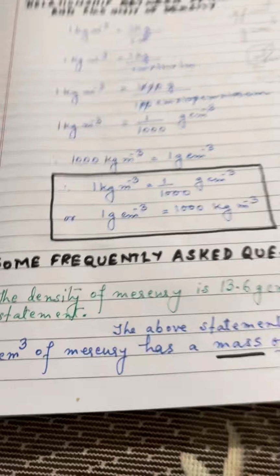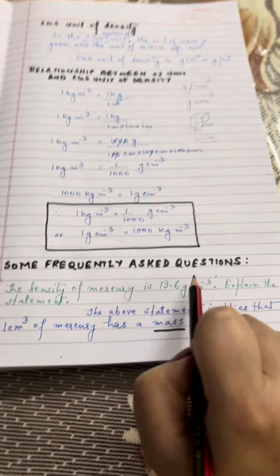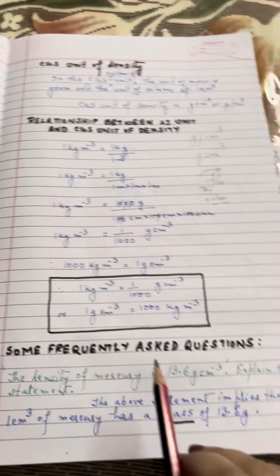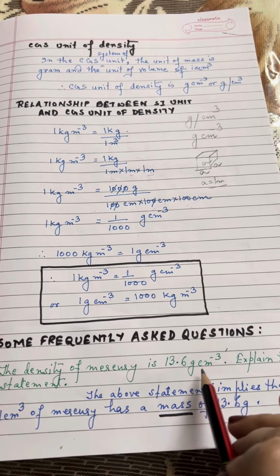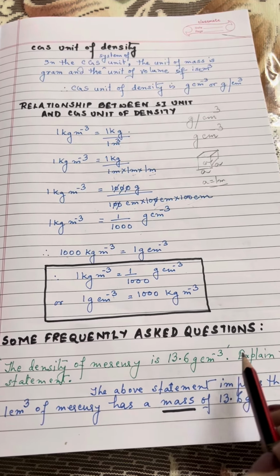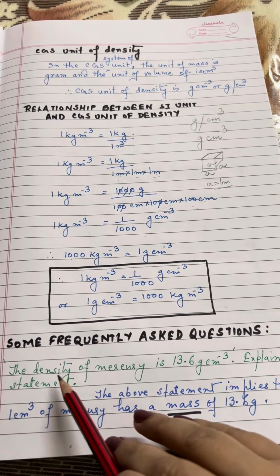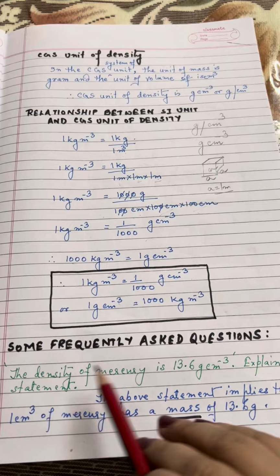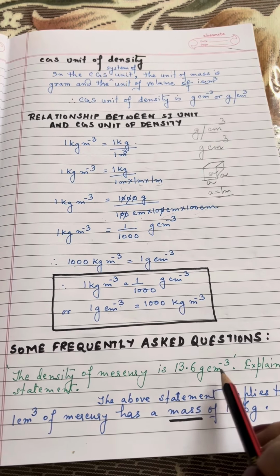Okay. So now there are certain frequently asked questions, we shall be discussing those. The density of mercury is 13.6 gram per centimeter cube. Explain the statement. This is very simple. Let us read it once again. The density of mercury is 13.6 gram per centimeter cube.